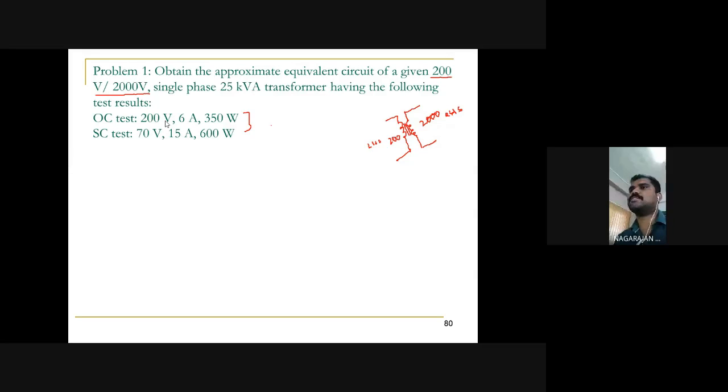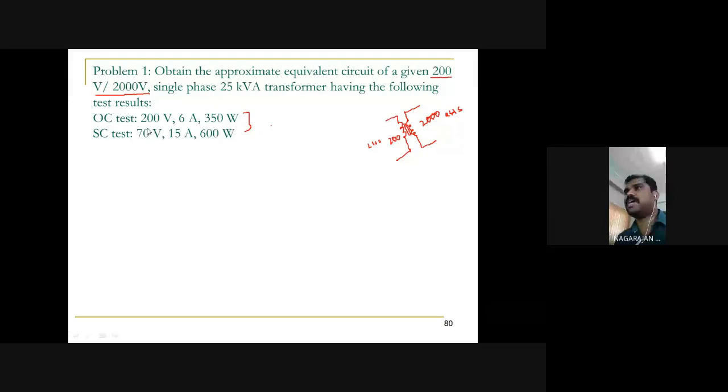These tests consume very little power, so they are assumed to be efficient, but the calculation is tedious. That is the only drawback. You can even write programs for this. Those of you studying IT papers, I'll give you programs for finding the efficiency of a transformer.